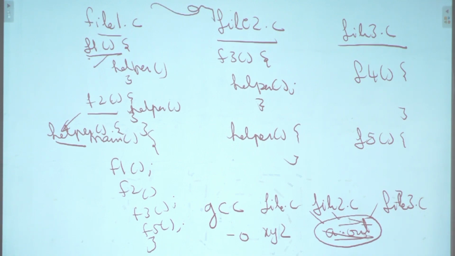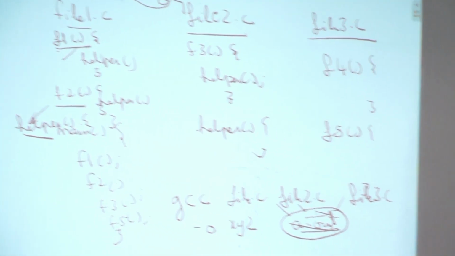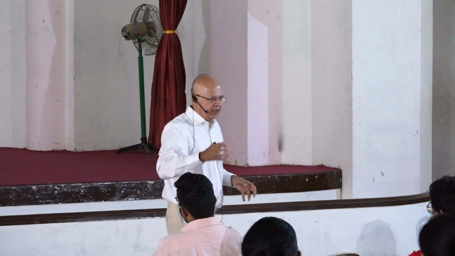Now, do you know what I am talking about? I have file1.c written by you. I have file2.c written by your friend. It also has some good library functions. You also have some good library functions. It so happens, and it's very common to happen if people follow standard programming styles, that the people who develop file1.c and file2.c have a common function called helper, right?